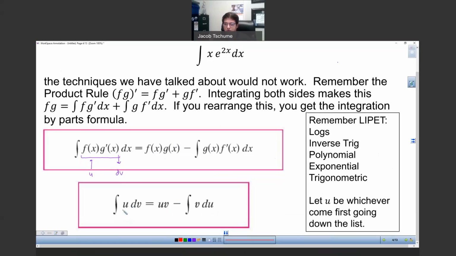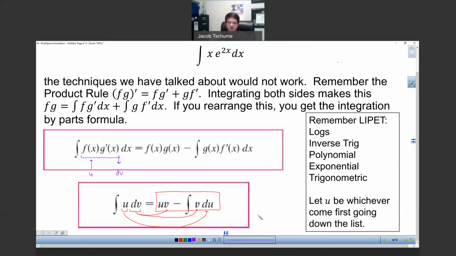Once again, if you label u and you label dv, you can take the derivative of your u function to find du, and then you can take the antiderivative of dv to get the v in your formula. In the end, you want it to be u times v minus the integral of v du.